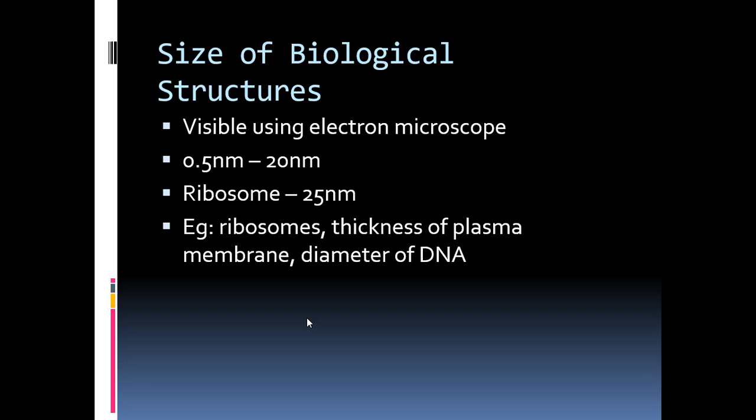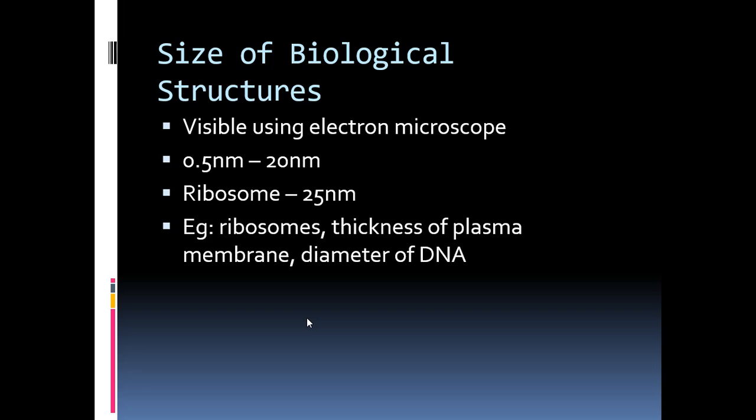For example, the size of a ribosome is roughly about 25 nanometers. So using a light microscope, you will not be able to observe the structure of a ribosome.